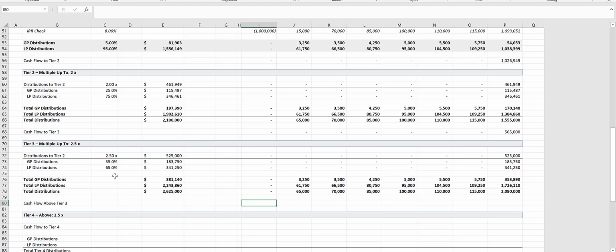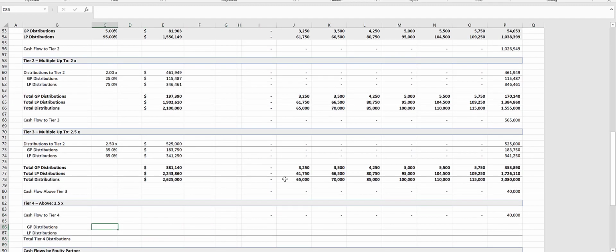Now, everything above tier 3 will flow into tier 4. So that's cash flows to tier 3 less what's distributed in tier 3. And that leaves $40,000 to be distributed 50-50. So our cash flows to tier 4 will simply be cash flows above tier 3. Copy this across.